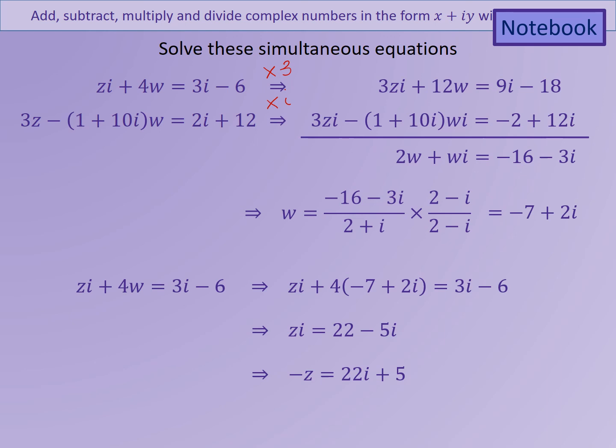So multiplying each term by i here, and on this side, here and here. So then we have i squared on the left, which is minus 1, that gives us minus z, and on the right hand side we have 22i plus 5. We can then rearrange this, multiplying through by minus 1, so z is equal to minus 5 minus 22i.